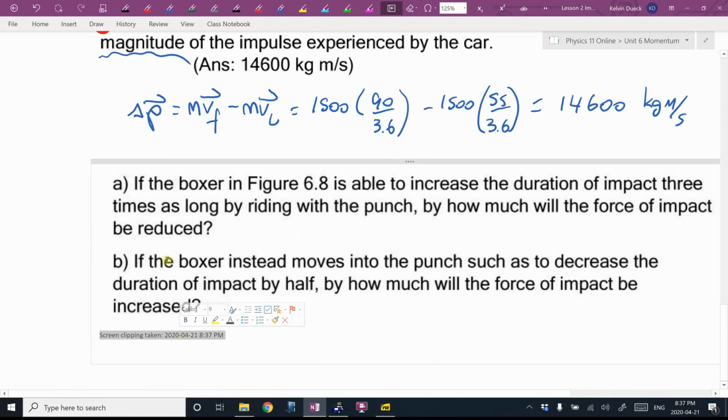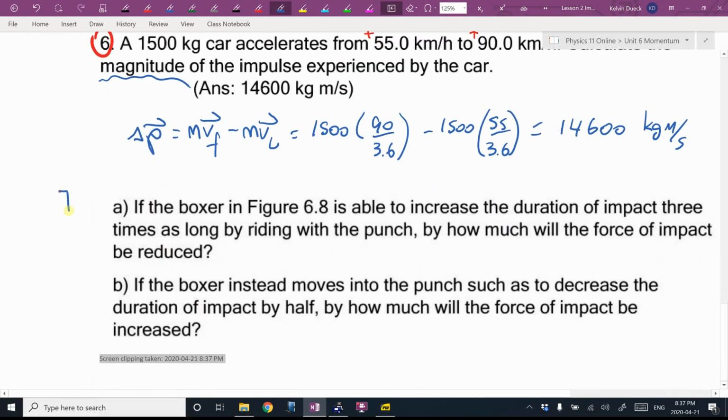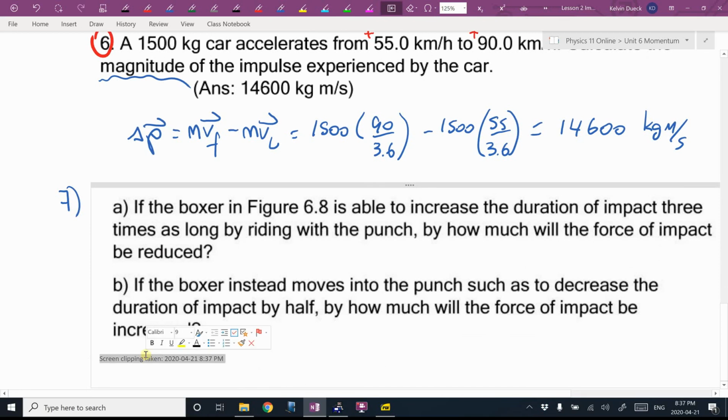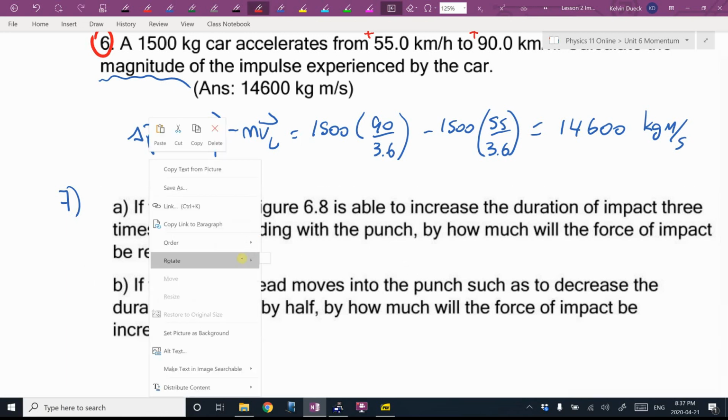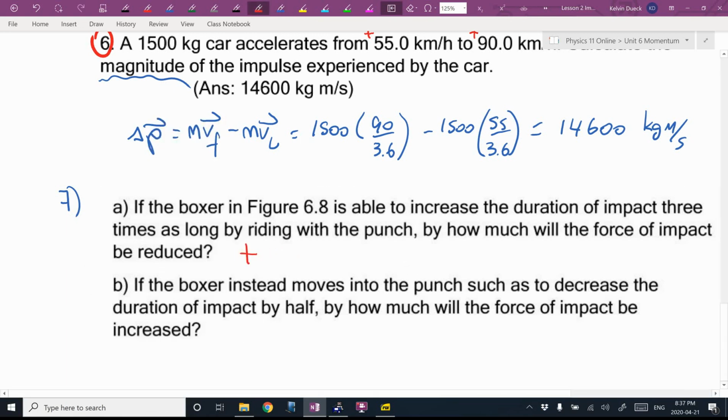And this is question number 7. So, if we can make time 3 times as big, time 3 times bigger, F is 3 times smaller.